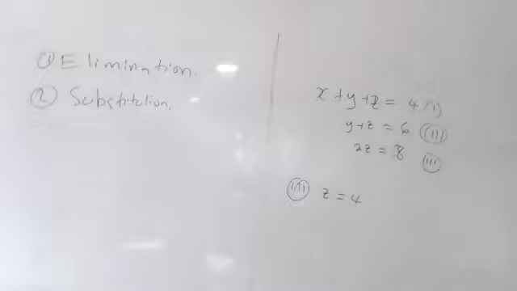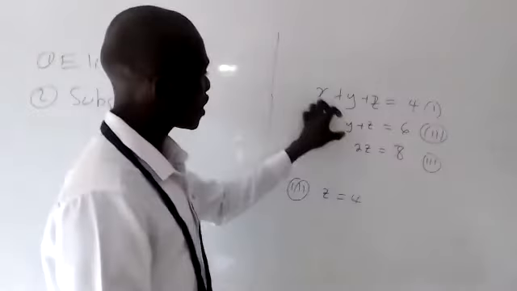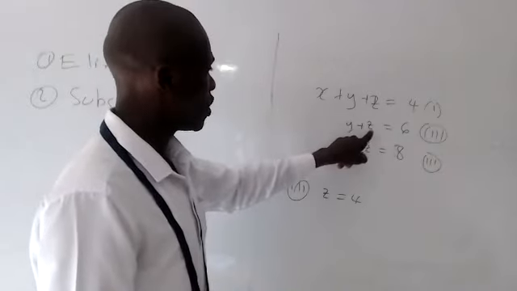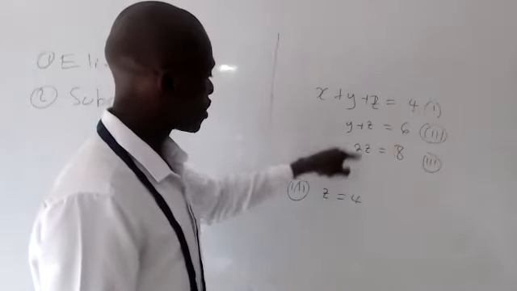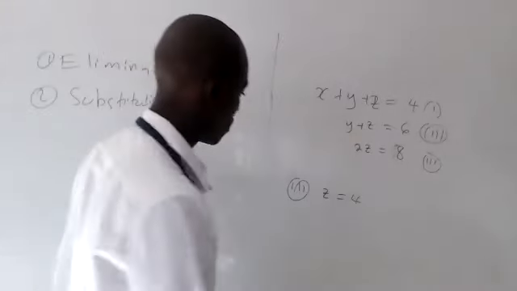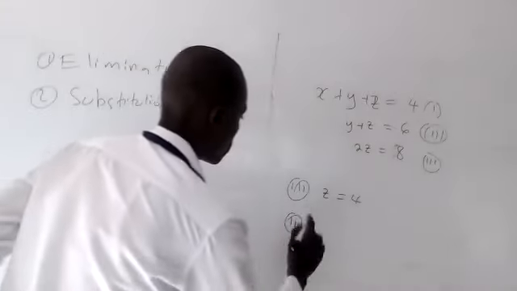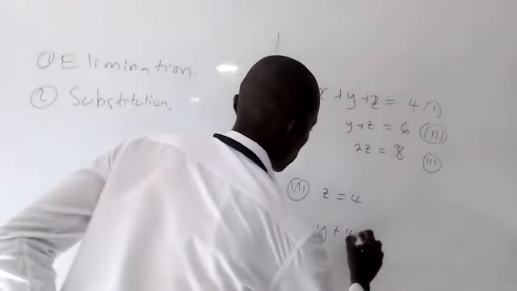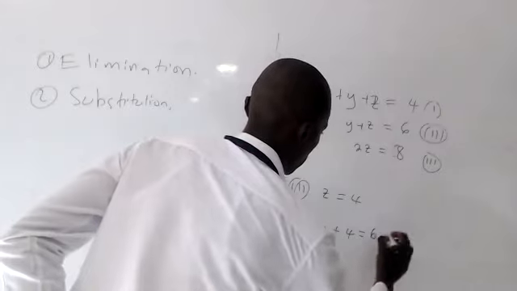Now, I know what z is. In the second equation, there are only two unknowns, y and z. But I already know z, so I can substitute 4 for z and find y. From the second equation, y plus 4 should give me 6.